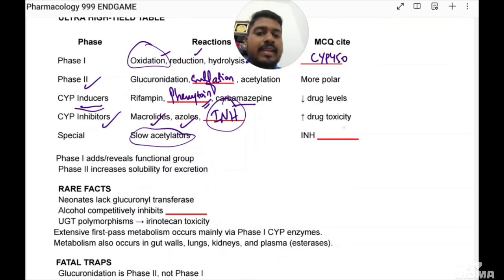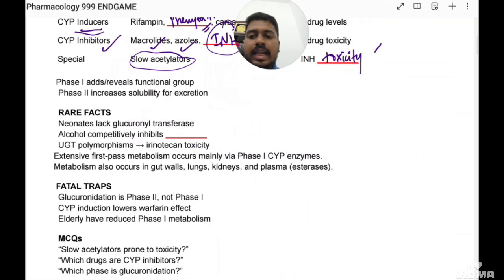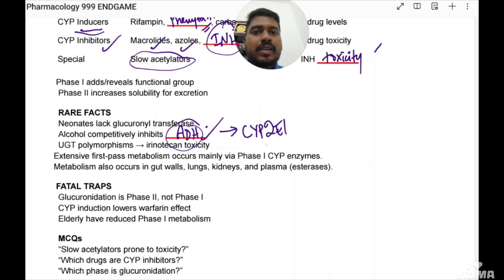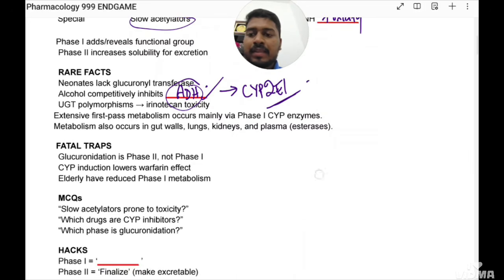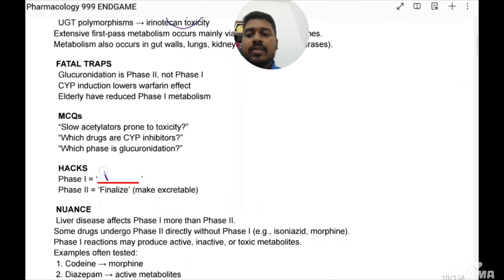Slow acetylators are seen in which drug? INH, and it leads to INH toxicity. Alcohol competitively inhibits which enzyme? It inhibits alcohol dehydrogenase enzyme, and it inhibits which CYP? Yes, very good, CYP2E1. Next, phase 1 is known as functionalization, so we are functionalizing the drug.